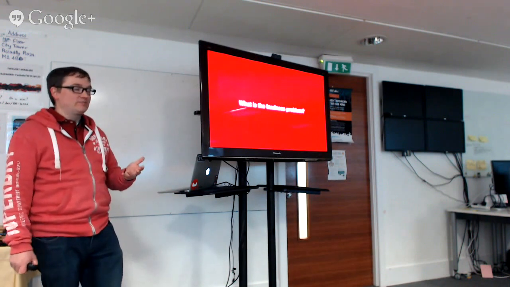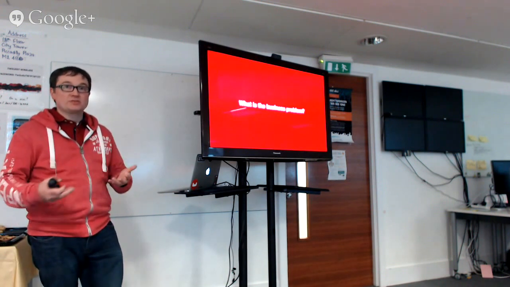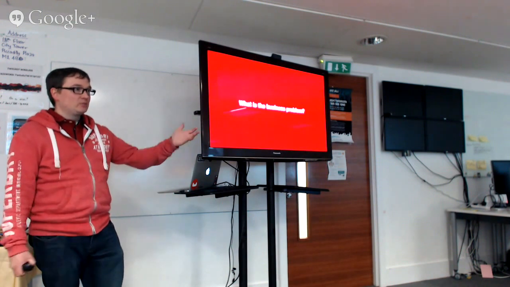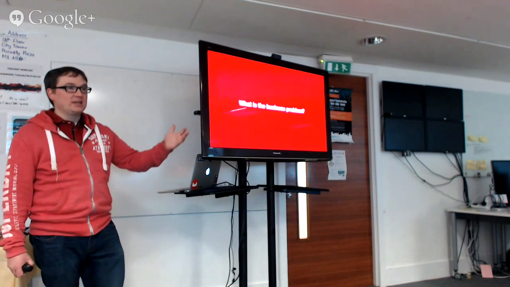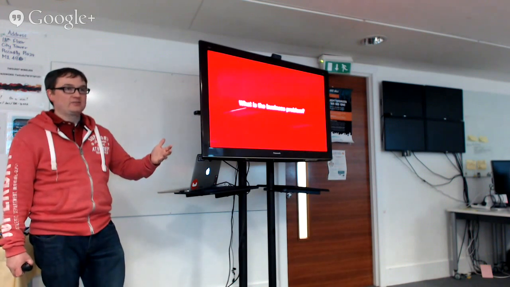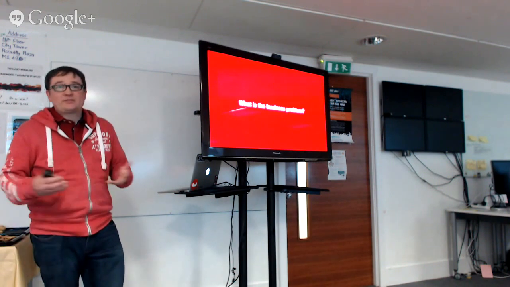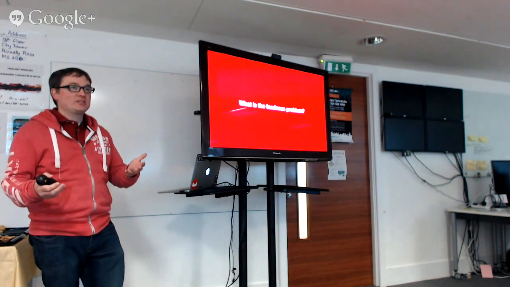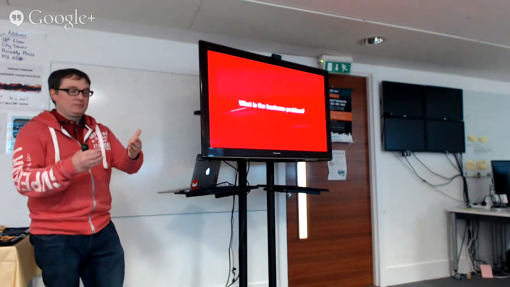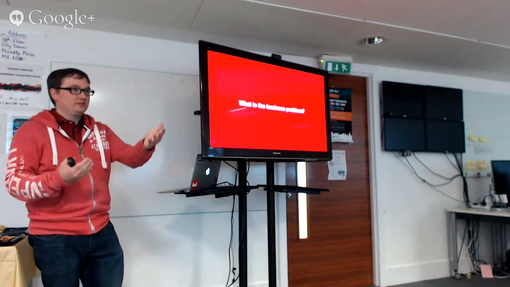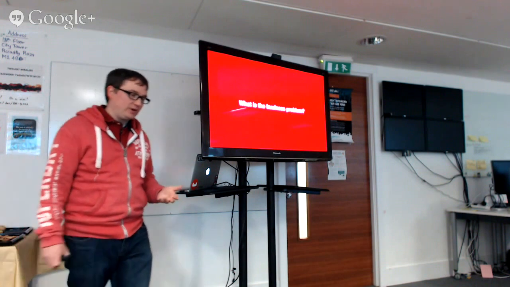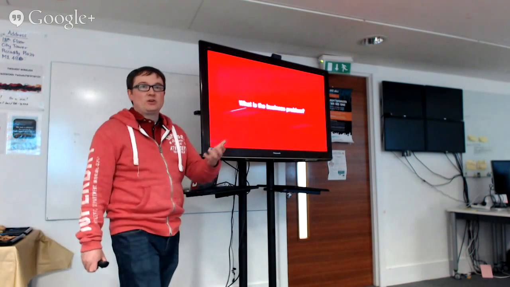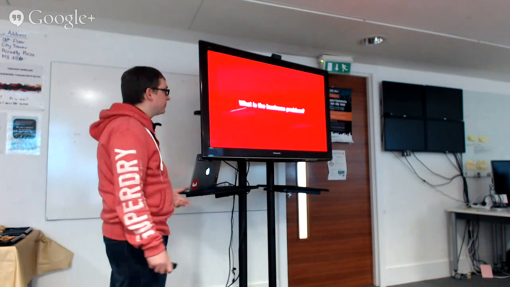Well, obviously there's the problem that a lot of us are familiar with, the impedance mismatch between the objects that we're creating in our code and then trying to store them in a relational model. That's fine. You can just bung JSON documents or whatever representations you want to use into one of the cells of a SQLite database, if that's really what you wanted to do.